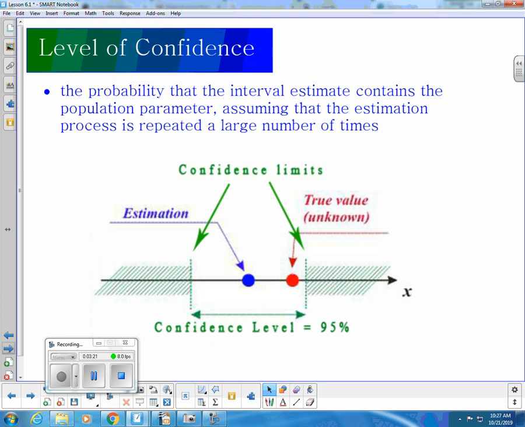As long as the mean is in between this confidence interval, you're going to be okay. That's an example of 95. So 95% of the time when you predict, your estimation should be within that confidence interval. And again, it's all going to be done with formulas.